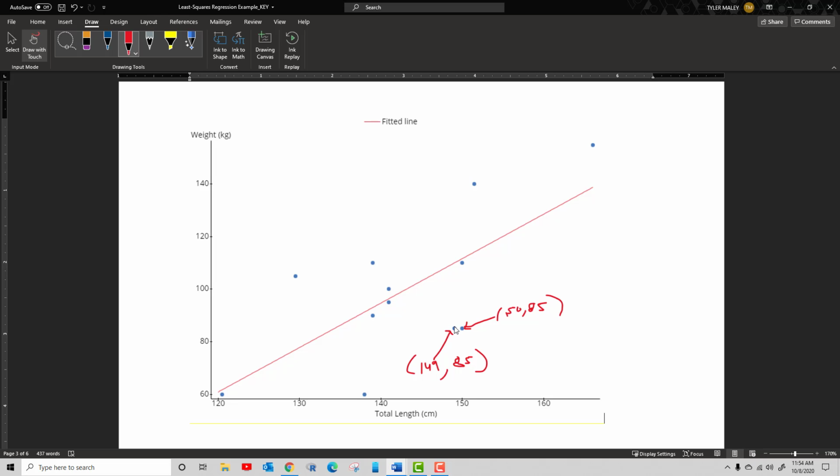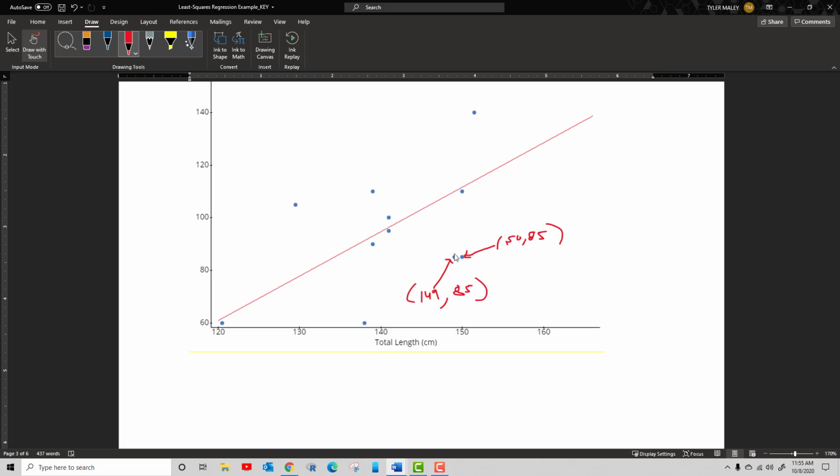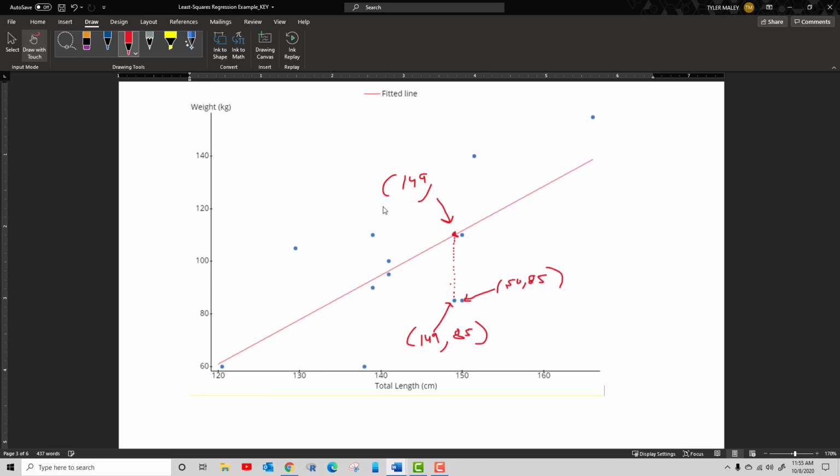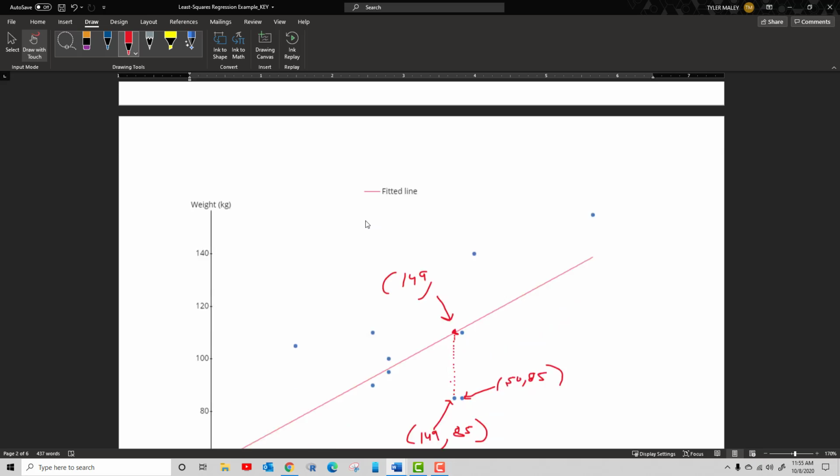In part G, what I was trying to do is find the ordered pair on my line, my graph, that had the x value of 149. So in other words, if I follow this straight up to my line, then I get this point, and that point had the ordered pair 149, comma, and then we found the y value to be about 110.